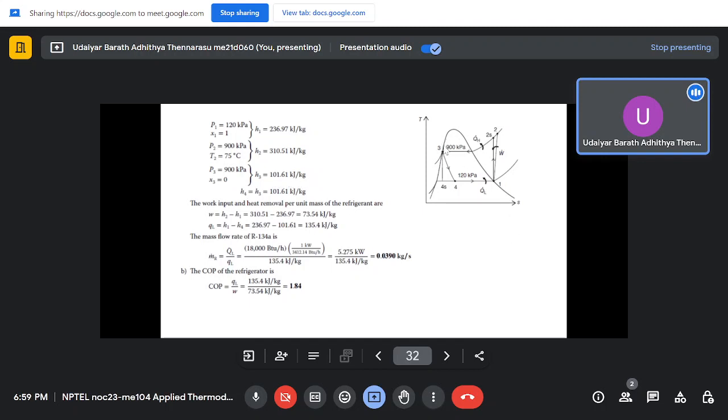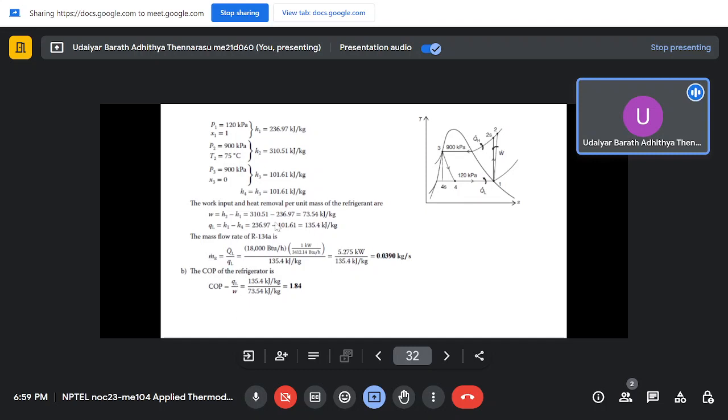Enthalpy at state 3 and state 4 will remain the same. So the specific work done for this system is H2 minus H1, which will come out to be 73.54 kilojoule per kg. Similarly, the heat absorbed in the evaporator is H1 minus H4, which is equal to 135.4 kilojoule per kg.